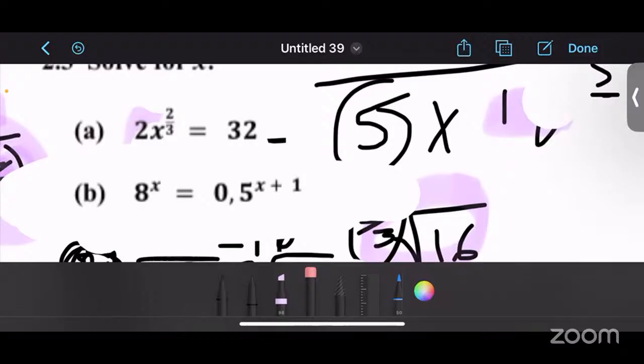Ma'am, I'm not sure where to start. Okay, if you are required to solve for a variable, x in this case, and your x is an exponent, you have to make sure that your bases are the same so you can work with exponents, right? So if the bases are the same, then we can work with exponents, right?